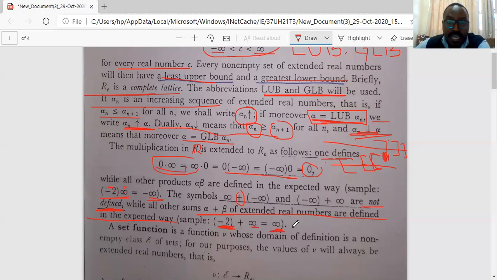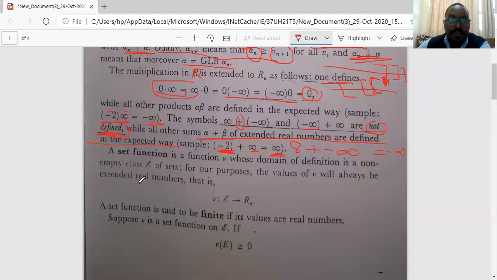For example, 8 plus negative infinity is still negative infinity. It won't change much. You can think of many other fixed values, but when they are infinite extreme values, we are not able to define them. These are not defined.